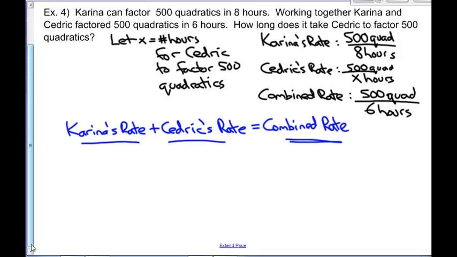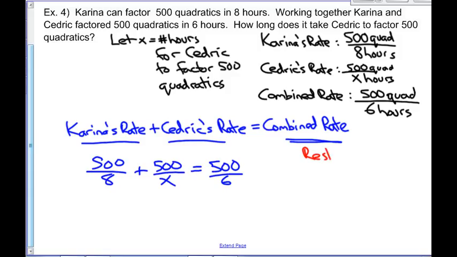If we can do that, then we should be okay to solve it. So usually in word problems, it's the setting up, not the solving, that's tricky. Karina's rate is 500 over 8. Cedric's rate is 500 over x. And the combined rate is 500 over 6. Obviously, x can't be 0, but that's pretty intuitive. It's not going to take him 0 hours to factor 500 quadratics.